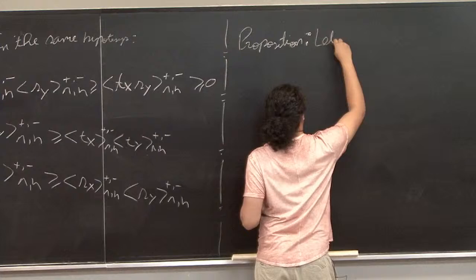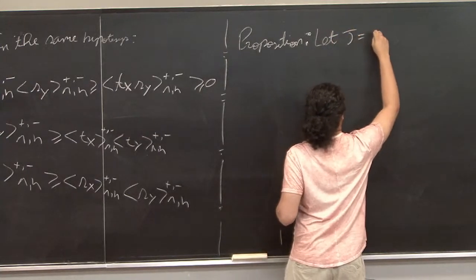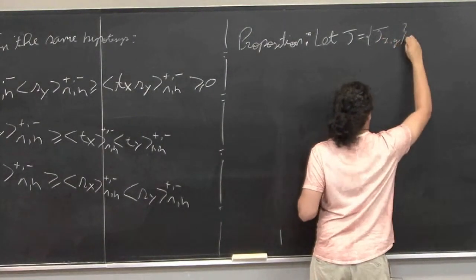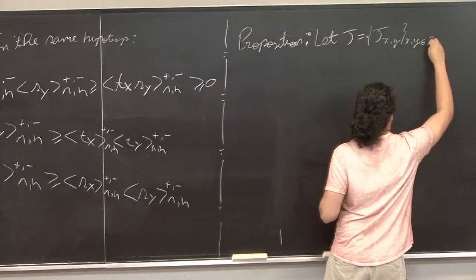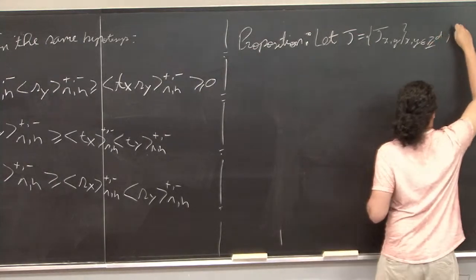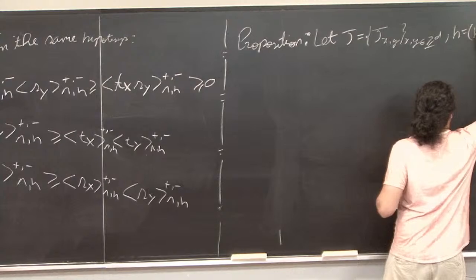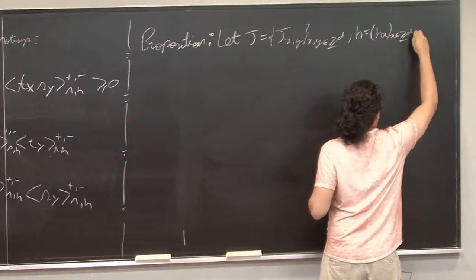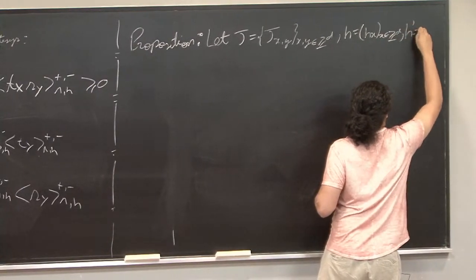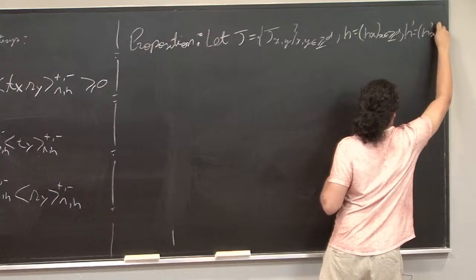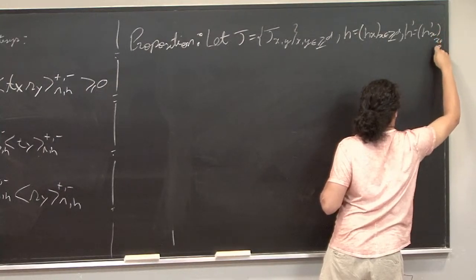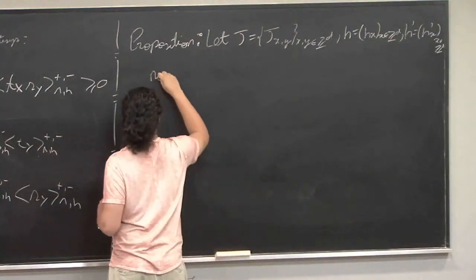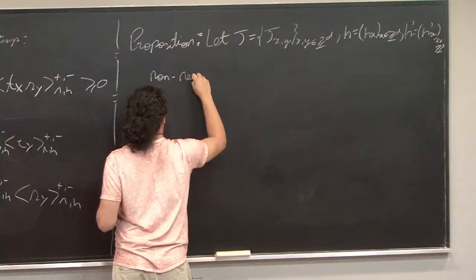I'm gonna write everything here. Select J, X and Y on ZD. I'm just gonna put the external fields here. X on ZD, and H prime X on ZD. What else is this? No negative. Everything must be non-negative.